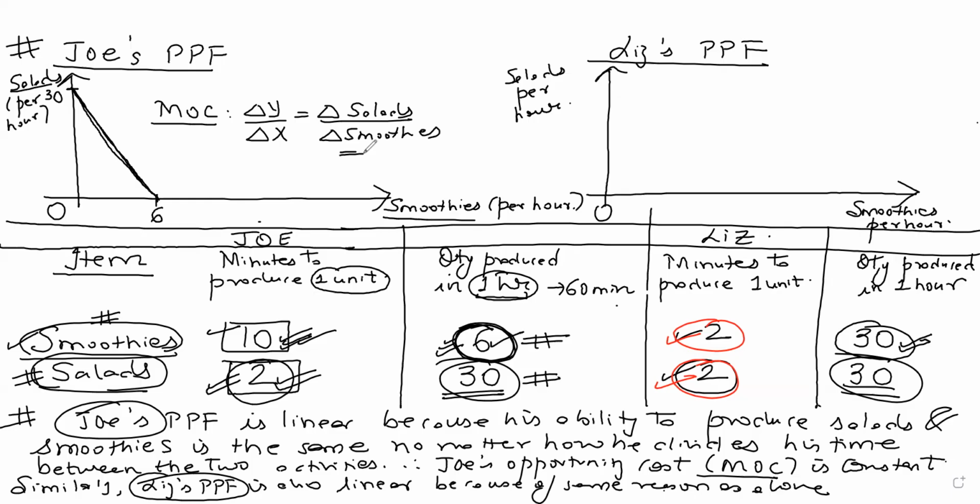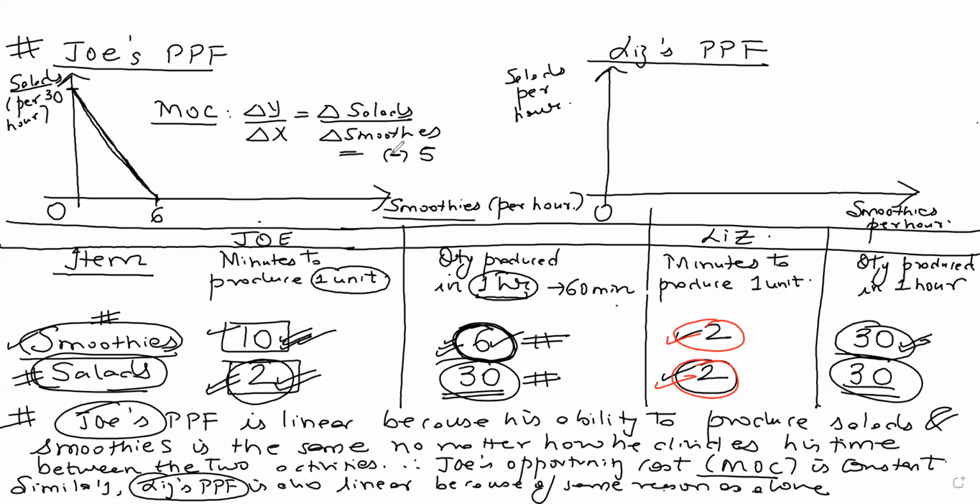How many salads have to be given up to produce one smoothie? 5 salads have to be given up. The reason I've taken a minus sign is that the production possibility frontier is downward sloping. More production of one good means sacrifice of the other. In absolute terms, the marginal opportunity cost is 5, because to produce one smoothie, Joey has to give up 5 salads.